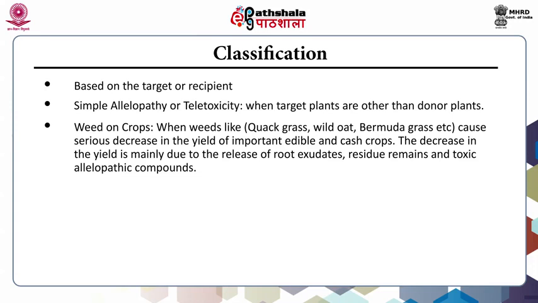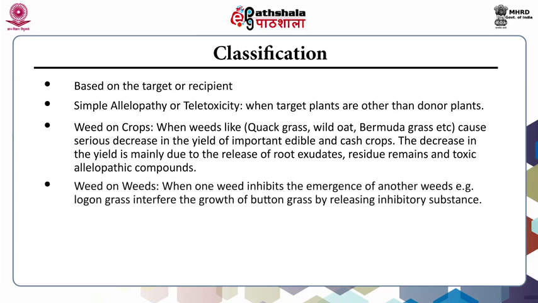When weeds like quackgrass, wild oat, Bermuda grass etc. cause a serious decrease in the yield of important edible as well as cash crops, the decrease in the yield is mainly due to the release of root exudates, residue remains and some toxic allelopathic compounds.